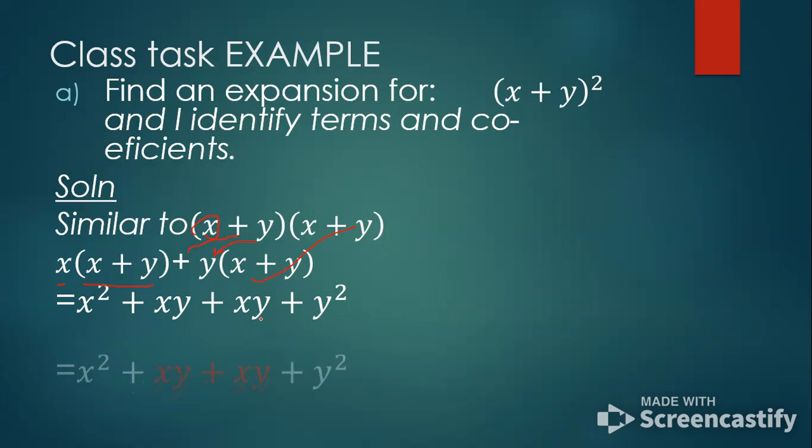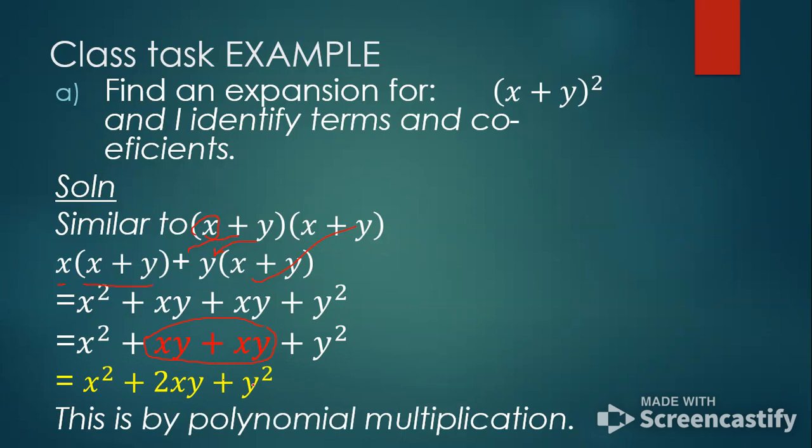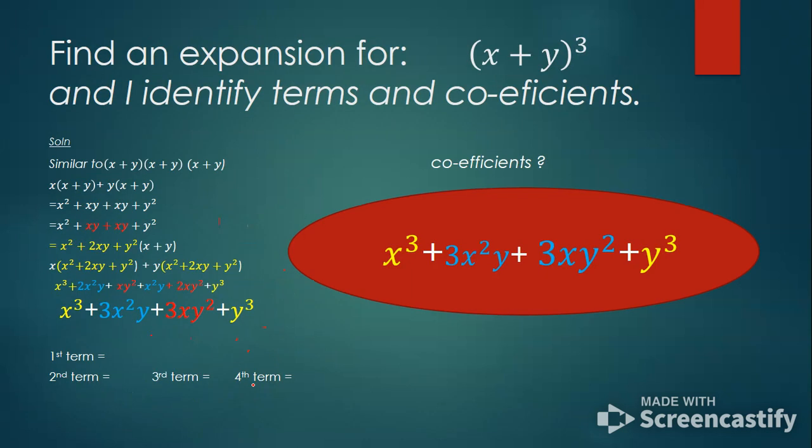You can see the ones highlighted in red are like terms. So we have x squared plus 2xy plus y squared. Very good. This method of expanding is known as polynomial multiplication.